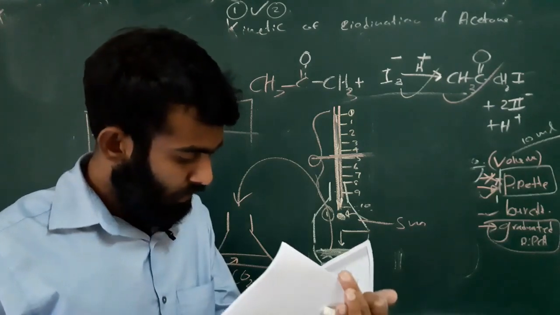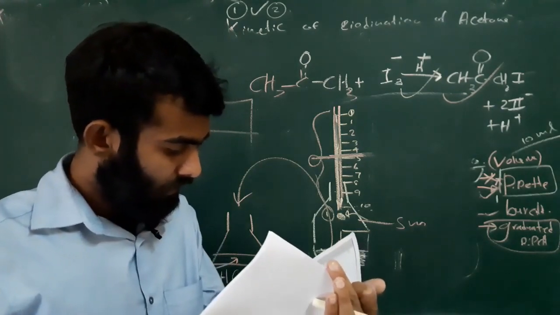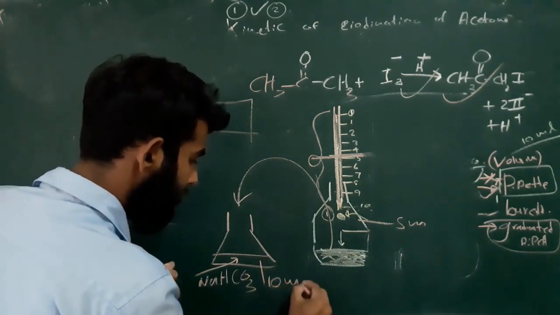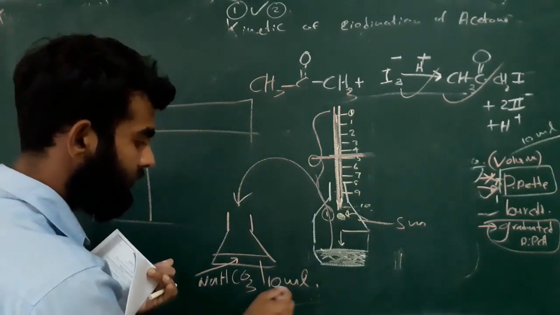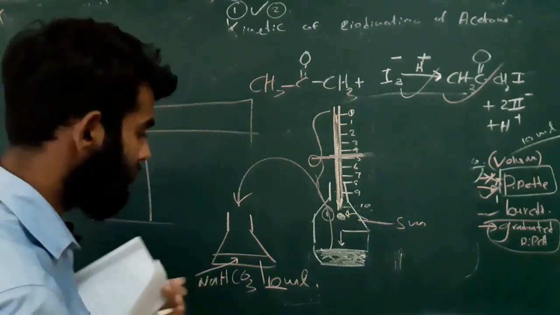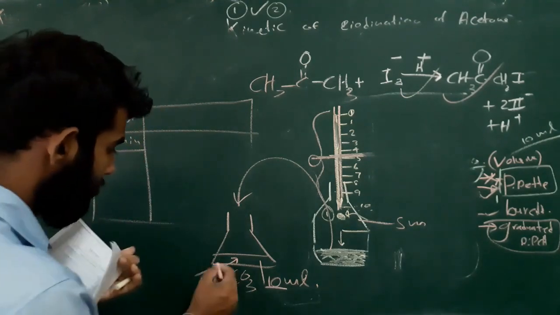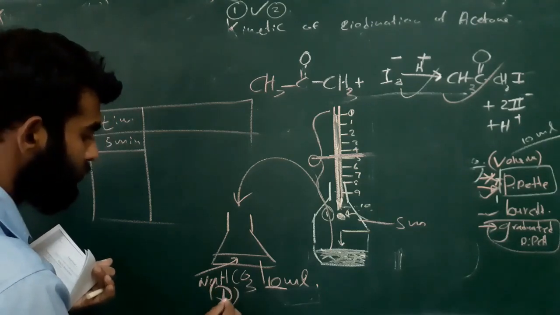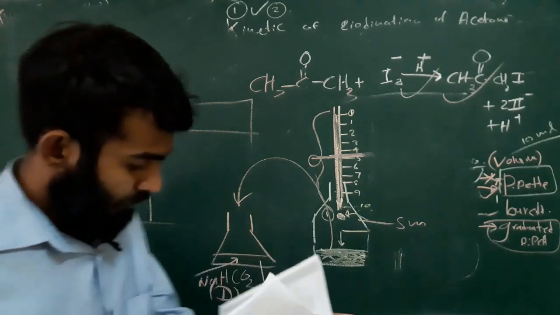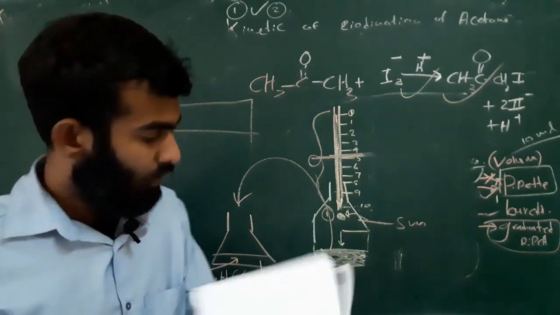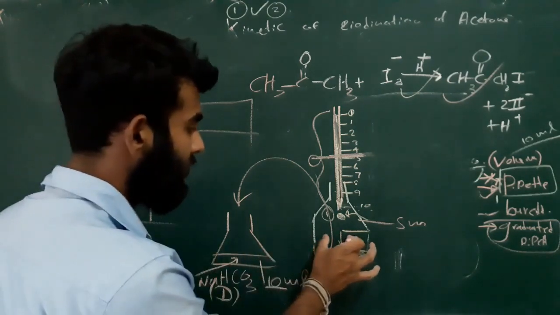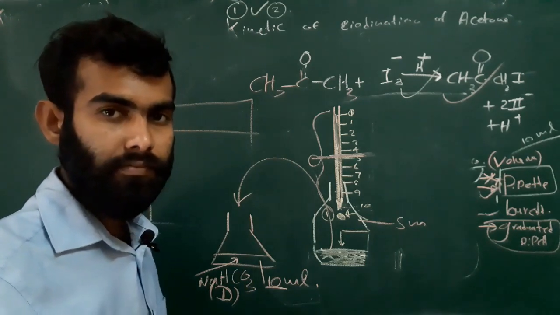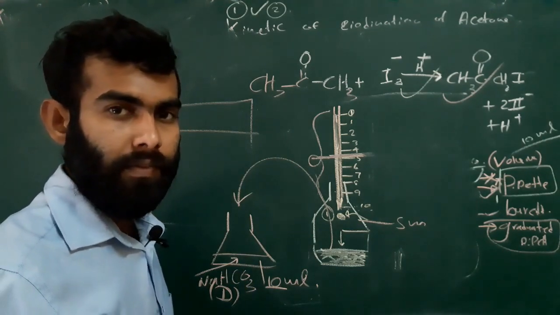That sodium bicarbonate solution is 10 ml. Look at the decimal points: 10 ml, just 10 ml. That solution is known as D. What will happen here? Why do we add 10 ml into this conical flask? What is the reason?